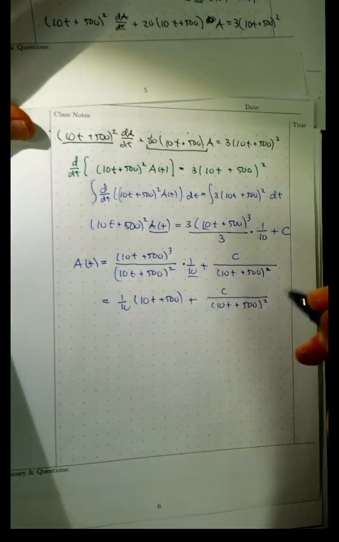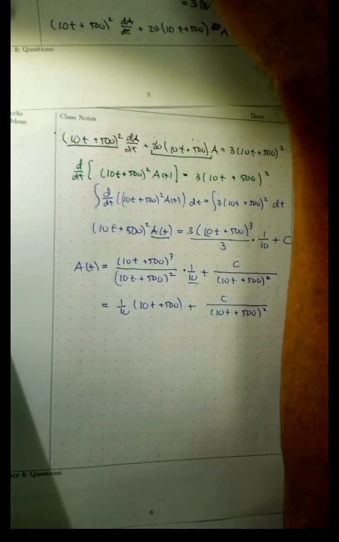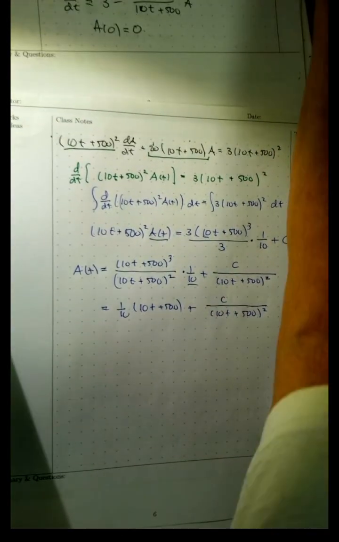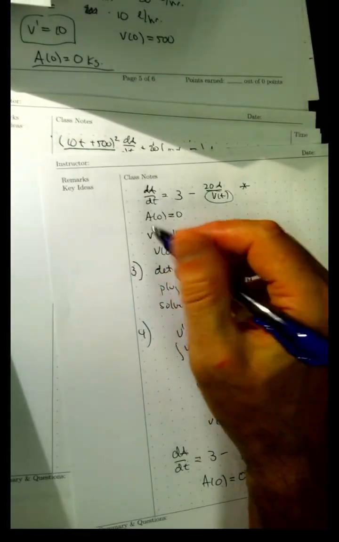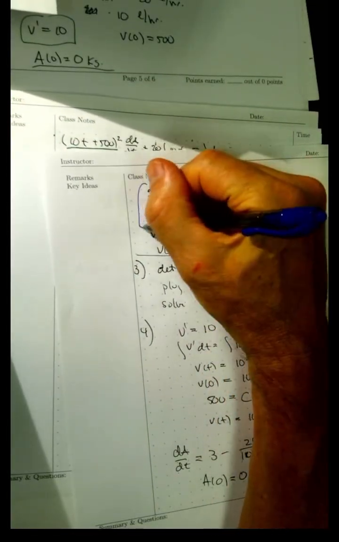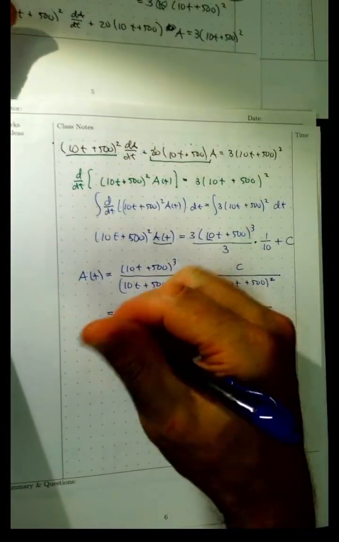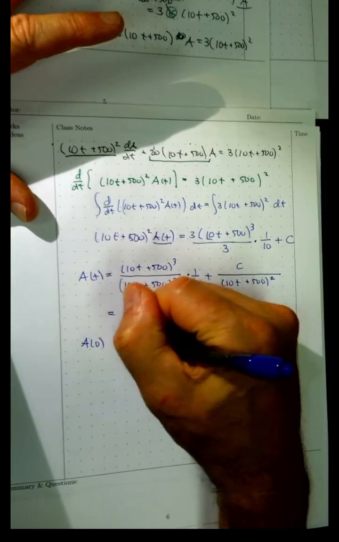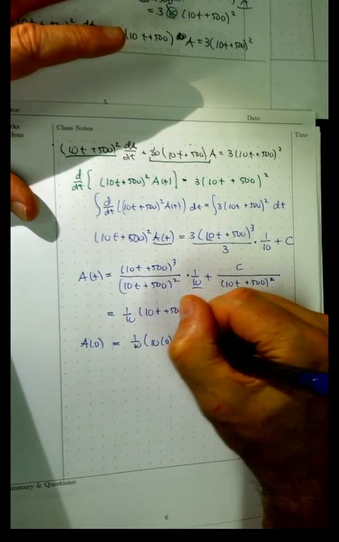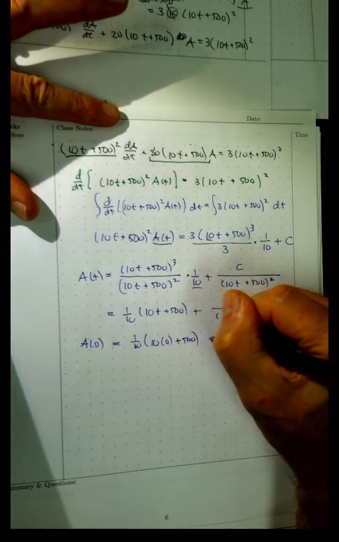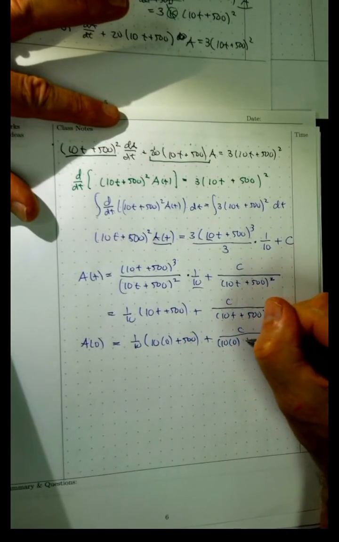Okay. And now we know that initially, what did we have initially? A(0) was 0. All right, if I go back to here. So I know we had fresh water in there originally. So if I plug in t equals 0, everywhere I see a t, I replace it with 0.